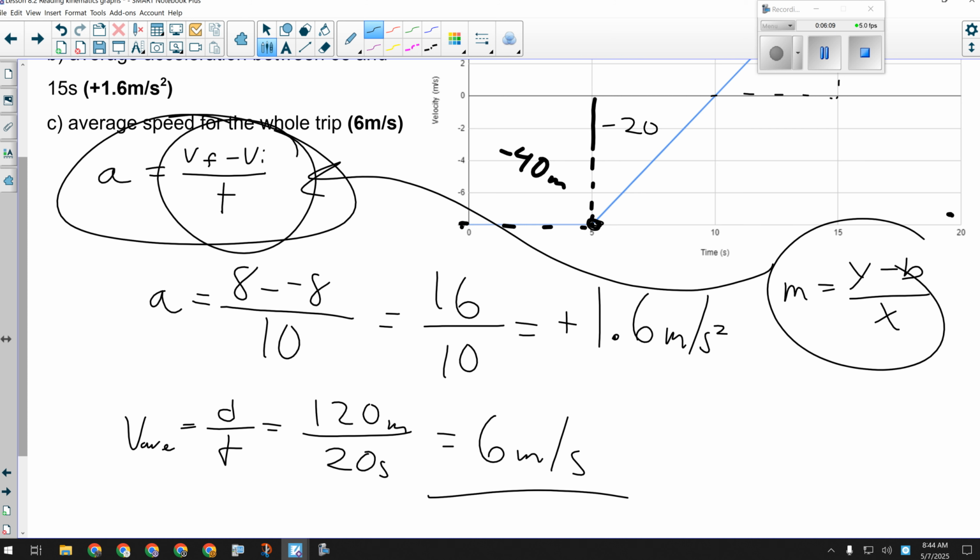And we can calculate the displacement by going average velocity times time. The little trick there is that's the same as calculating the areas of all the shapes between the line and the x-axis. We're going to spend today working on both kinds of graphs.